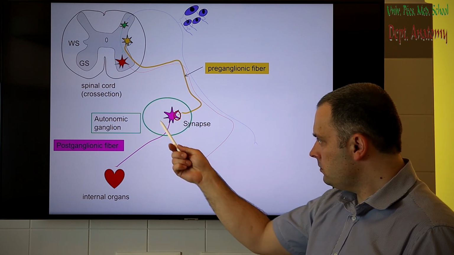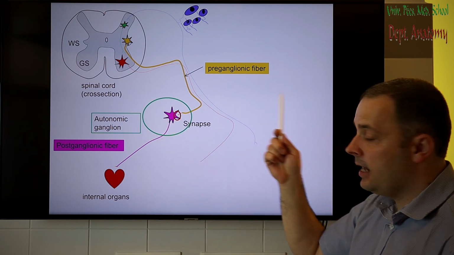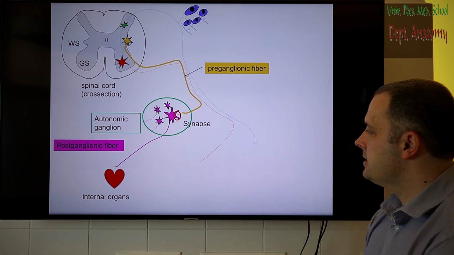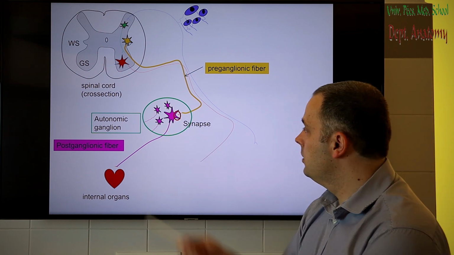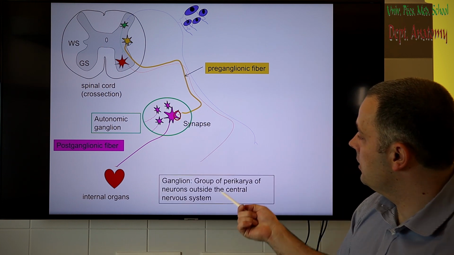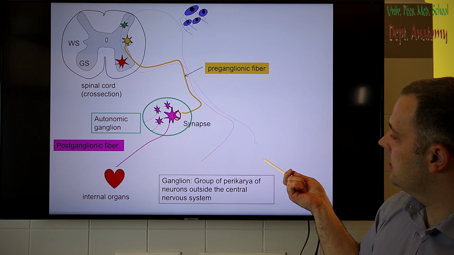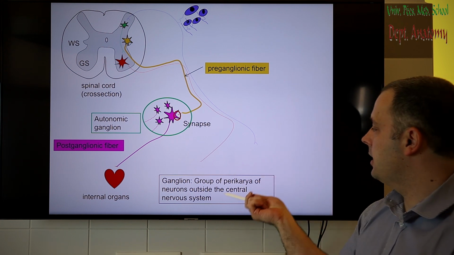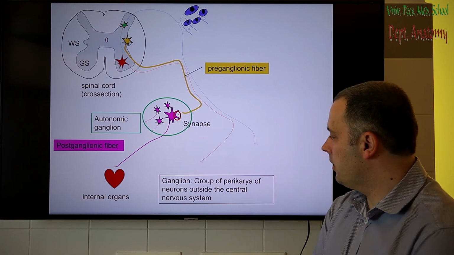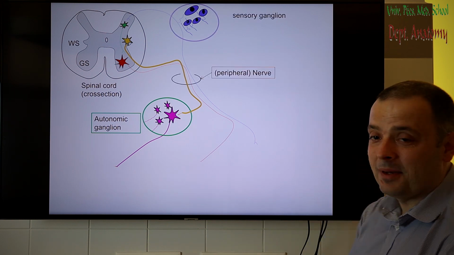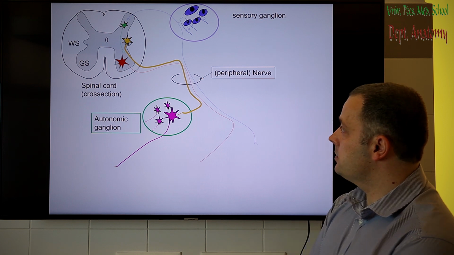And then this neuron is again in the periphery, and it's not alone. You have a couple of cells in your group that one can call autonomic ganglion. And the autonomic ganglion is again a ganglion, so please memorize the definition for the ganglion. It's a group of perikarya outside the central nervous system, and that fits with the definition also.